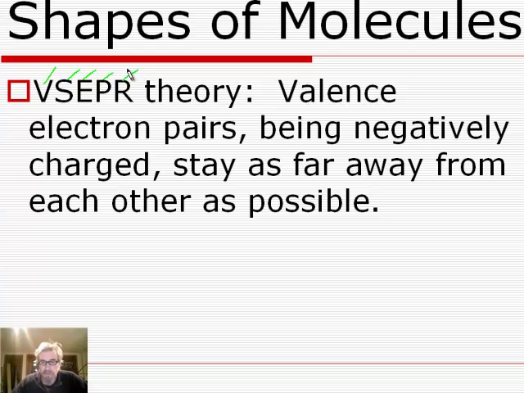So all of these electron pairs, whether they're bonds or lone pairs that are attached to the same atom, want to stay as far away from each other as they possibly can. And using that as a sort of a guideline, scientists have developed a whole set of shape predictions, and as our ability to test these increases, as technology increases, it turns out that this theory is right most of the time. It's a very good theory.